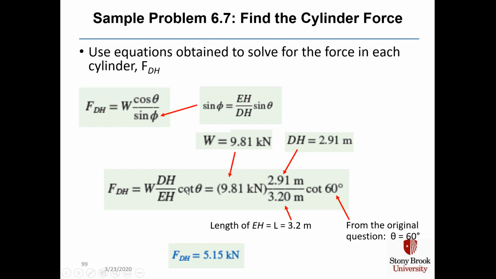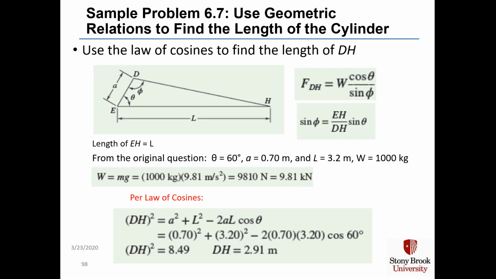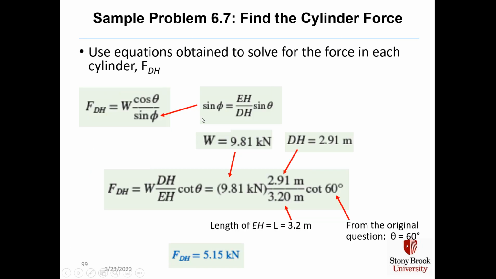We know that W is 9.81 kilonewtons. We calculated before that DH was 2.91 meters, and the length of EH from this prior picture, the distance from E to H, is just length L. And we were told at the beginning of the problem that L was length 3.2 meters.